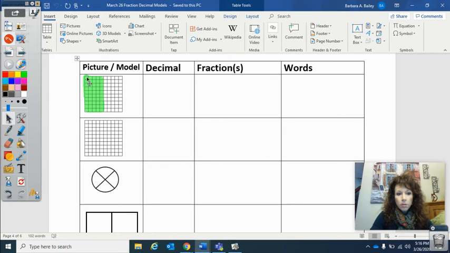And remember, each little block is 1/100th, and each strip is 1/10. So there's 2 ways to attack this. We can count each individual little block, and if you count them up, you'll realize that I've colored in 50 out of 100, 50 hundredths.